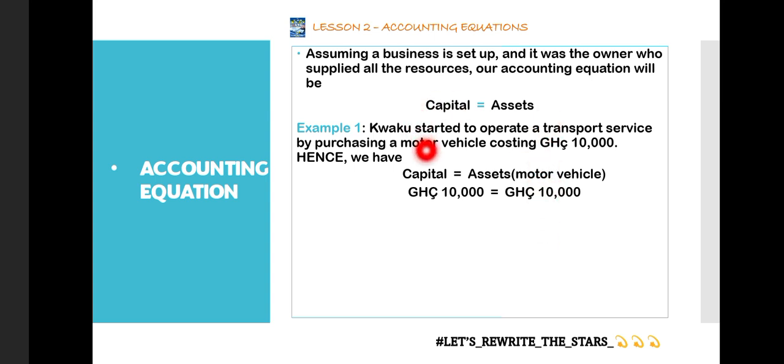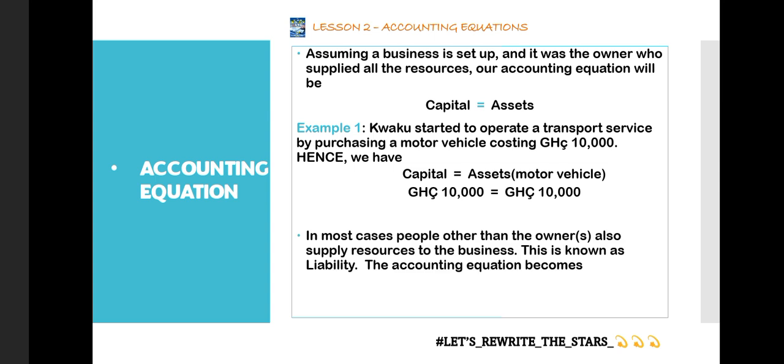The owner purchased the motor vehicle at 10,000 Ghana cedis and brought it into the business, and that is the asset the business has. So we can say capital is equal to assets. So 10,000 Ghana cedis is equal to 10,000 Ghana cedis. I hope this is very clear.